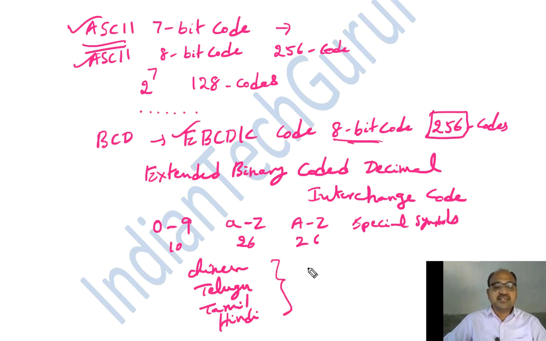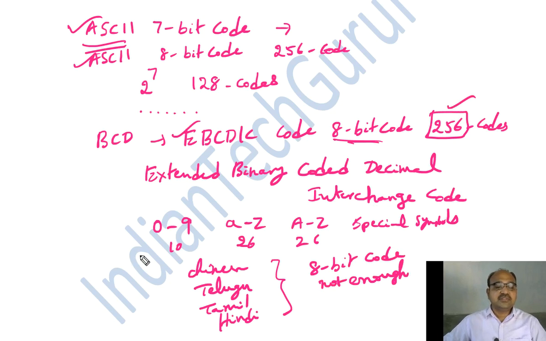However, to represent this many symbols, an 8-bit code is not enough, because an 8-bit code can represent only around 256 codes, not more than that.